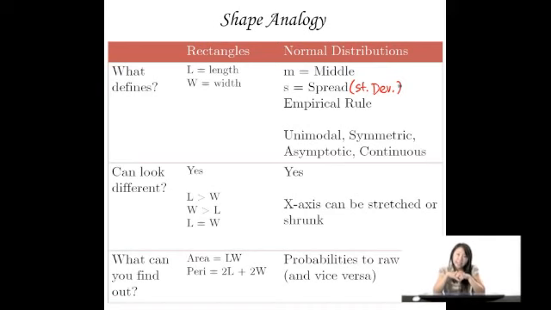So what can you find out when you know rectangles? Well, if you have the area and the width, you could find out the length, because they have these relationships with each other. Same thing with perimeter. If you know the perimeter and the length, then you could figure out the width.